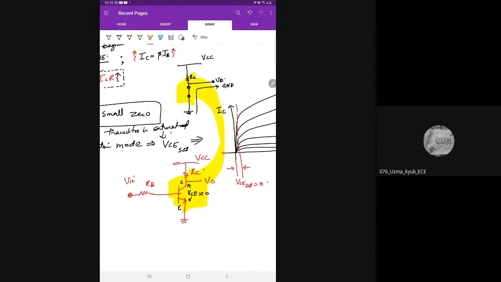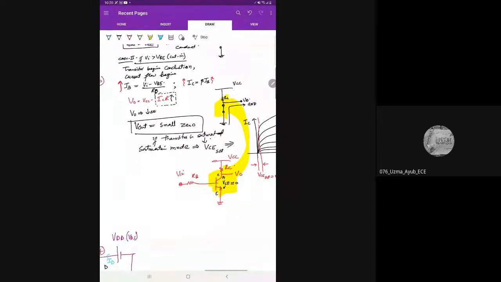So when the transistor is working in saturation mode, VCE will be nearly equal to 0, or we can say that the transistor will behave like a short circuit. And if the transistor behaves like a short circuit, V output will be very small, nearly 0.